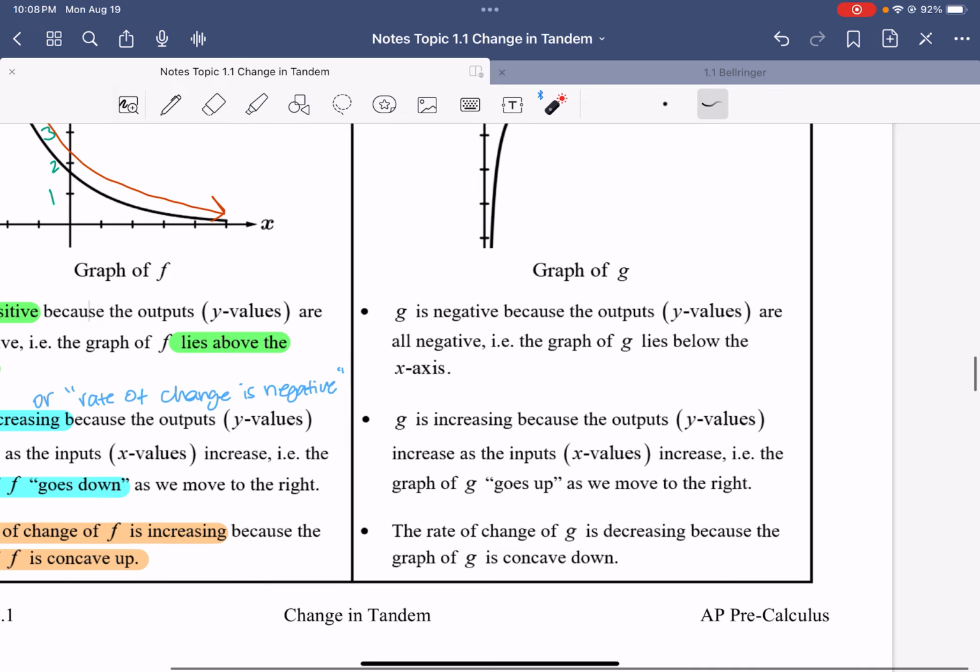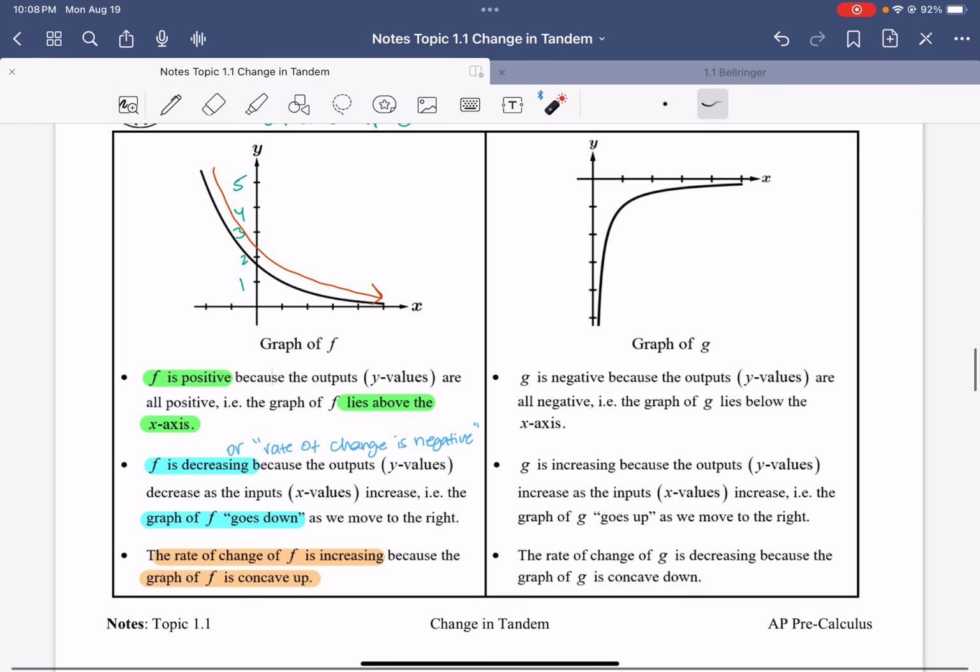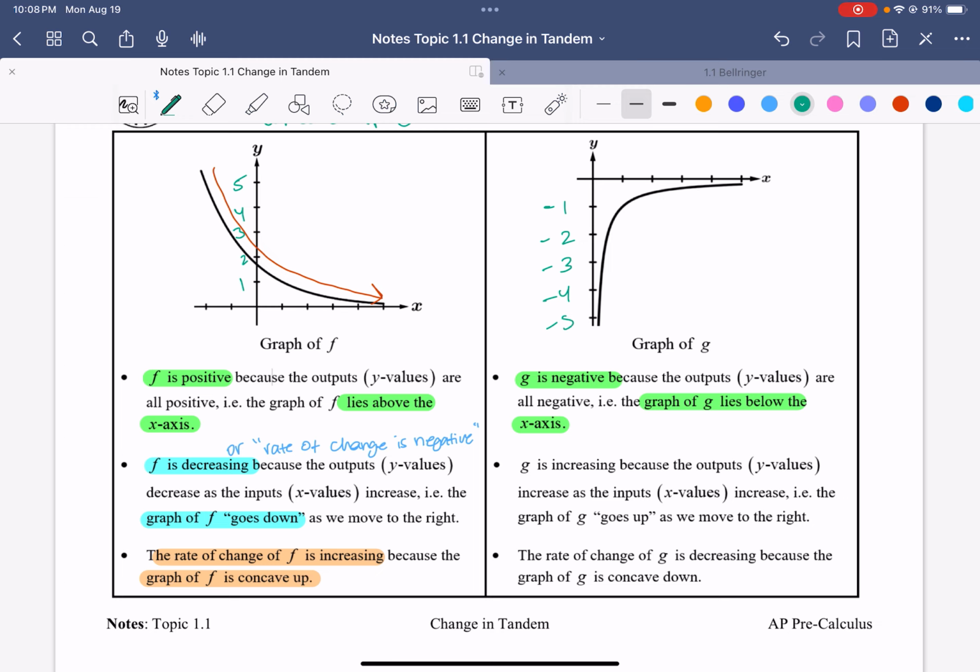So here we have the graph of G. Notice that G is negative because the output values are all negative, meaning that the graph of G lies below the x-axis. So you can see, let's say this is -1, -2, etc. All of those y values are negative.